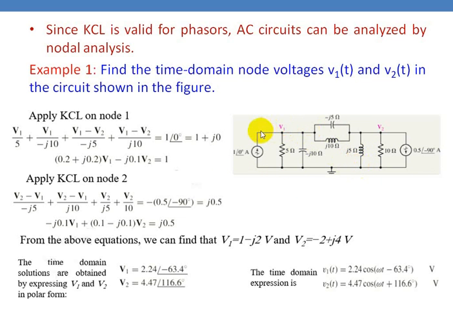So to this principal node, this current source, this resistance, this capacitance, and this capacitance and this inductance, they are all connected. And coming to this node, this resistance, this inductance, this current source, and this capacitance and this inductance, they are all connected to V2.